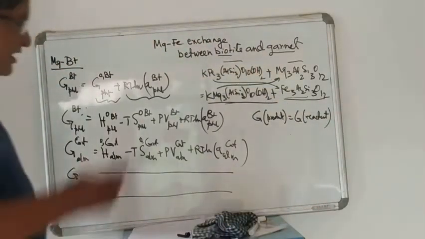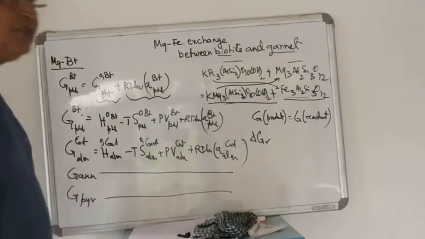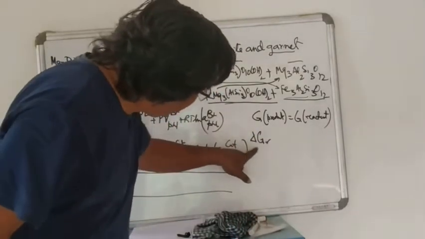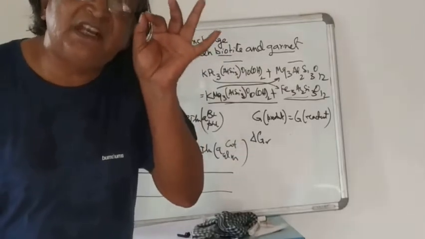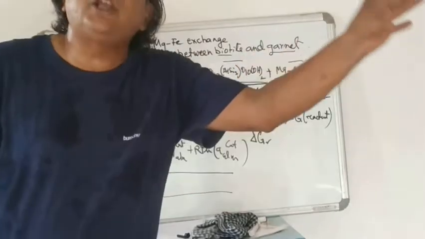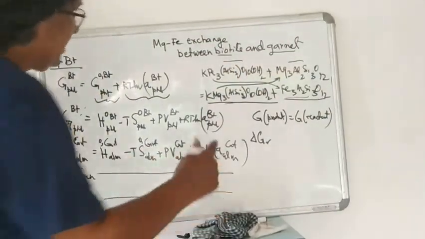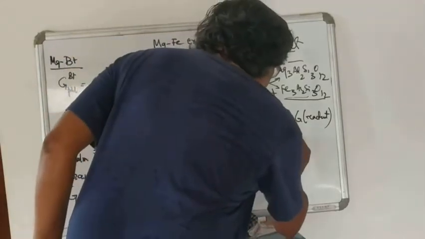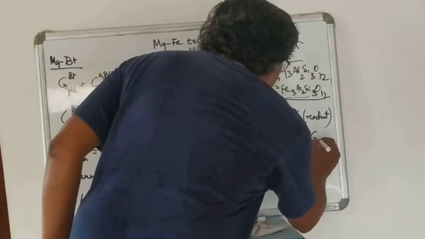That means delta GR, the free energy change of the reaction at a particular pressure temperature condition, is equal to G product minus G reactant.